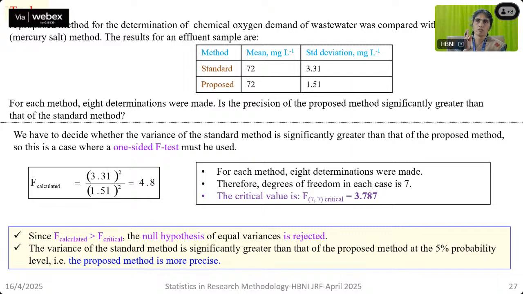So the new method has an edge over the standard method. It is superior to the previous one. Later on, whenever one requires to determine the chemical oxygen demand of similar samples, one can adopt this proposed new method.